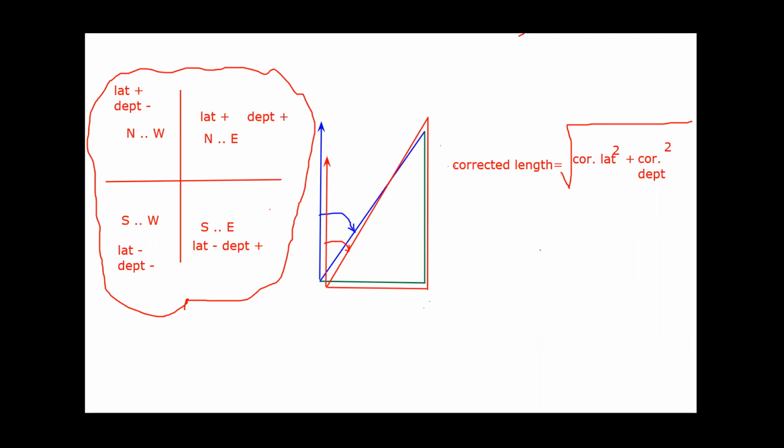So that's how we do that. So your bearing angle will equal the arctangent of, what is the opposite? It's the departure, divided by the latitude.